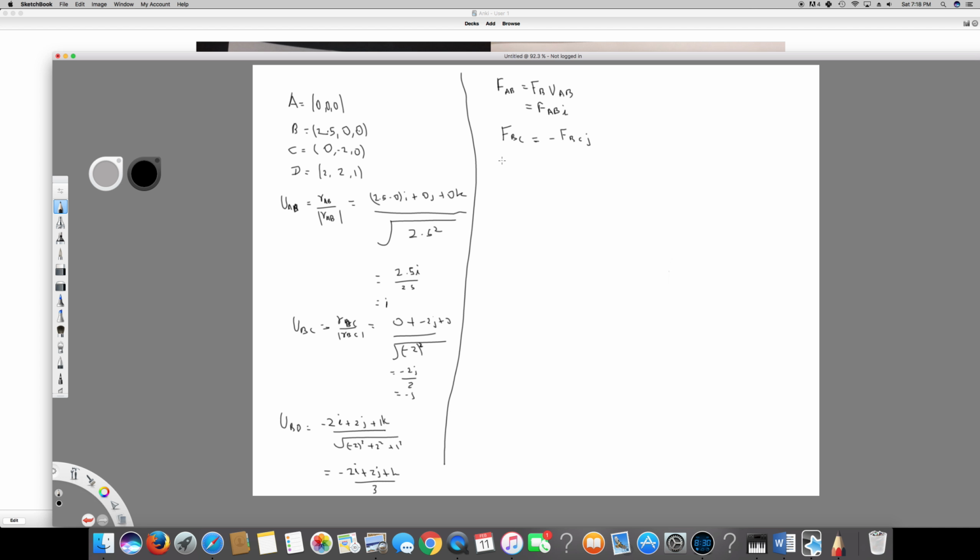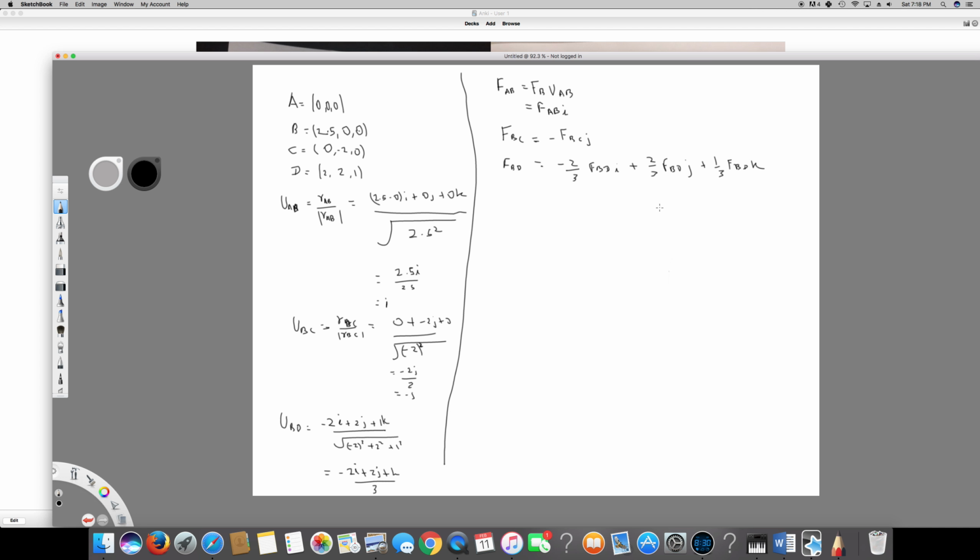And for FBD it's going to be negative 2 over 3 FBDI, and plus 2 over 3 FBDJ, and plus 1 over 3 FBDK. So this is my FBD.